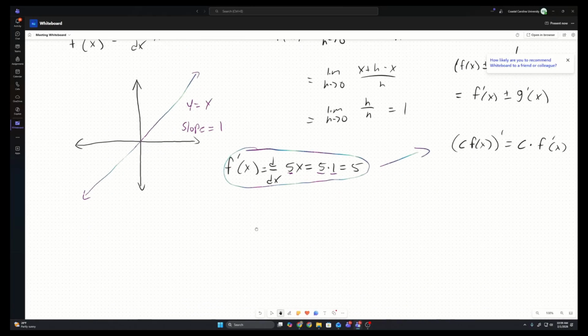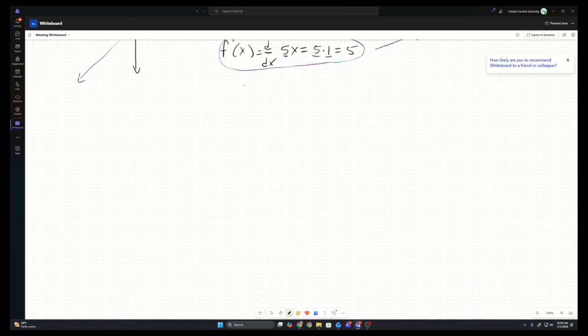So let's make some room. Go down here. All right. So if we had, I'm going to change the color back to black. f of x was x squared. Then f prime, so our derivative, was equal to 2x. When we had 3x squared, this turned into, when we took the derivative, 6x.